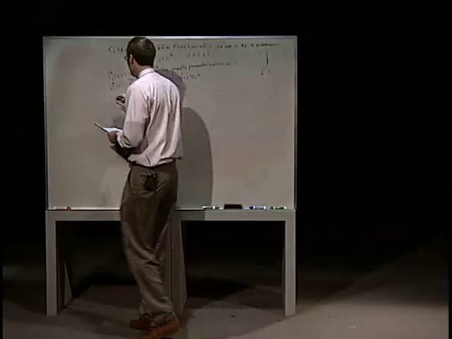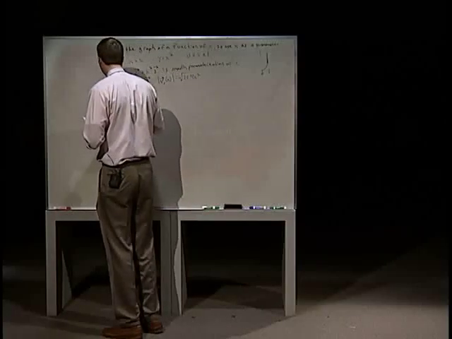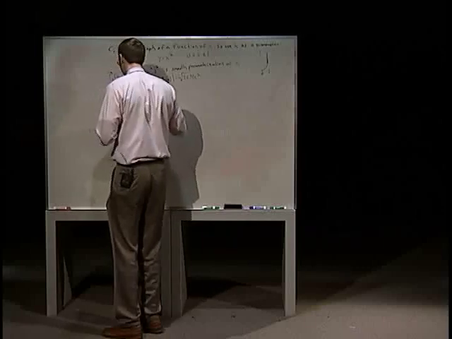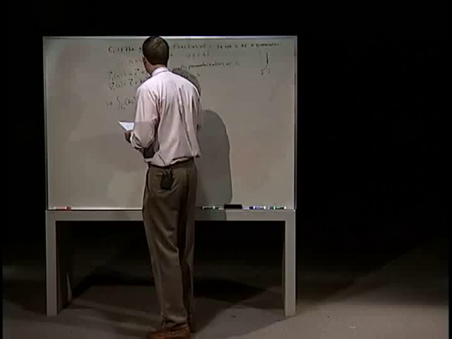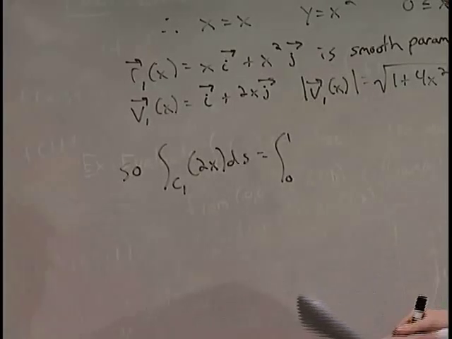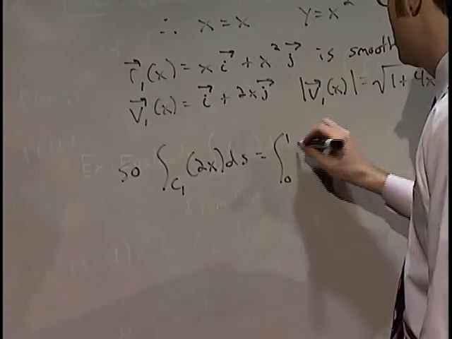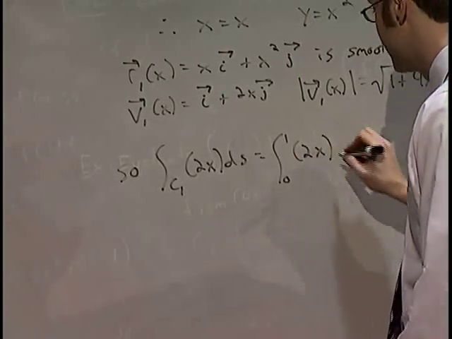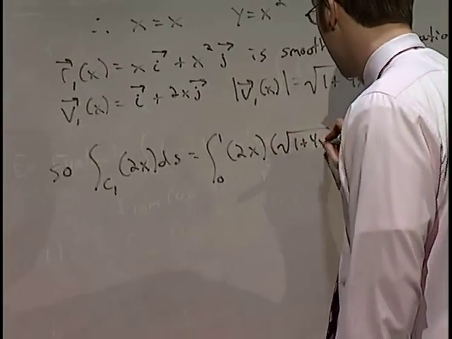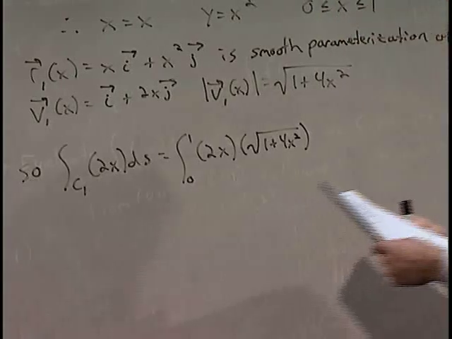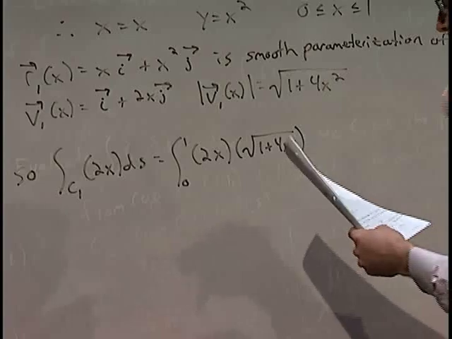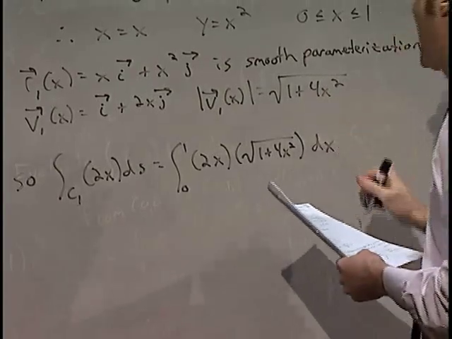Okay. So on the first part of the graph, just the first part, the integral of 2x ds. So x is our parameter, so we're going from 0 to 1, our limits of integration. We can leave 2x by itself, essentially, and then multiply by the length, the square root of 1 plus 4x squared, and then we have dx.